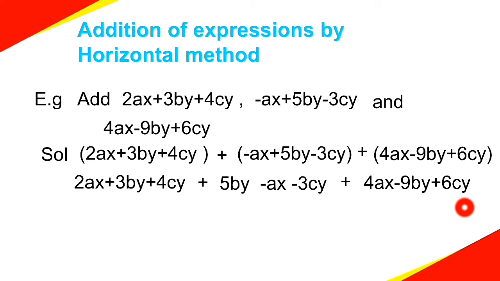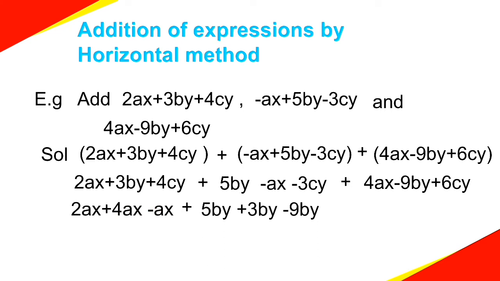Now here in these terms you can take the like terms at one side. Here I am going to bring 2ax plus 4ax minus ax. Right, these three contain the same variables but the constants differ. Okay, next, plus 5by plus 3by minus 9by.